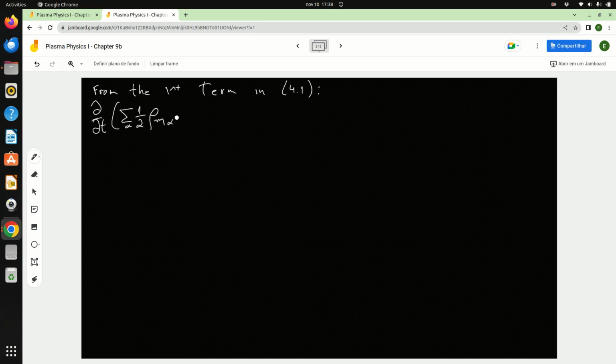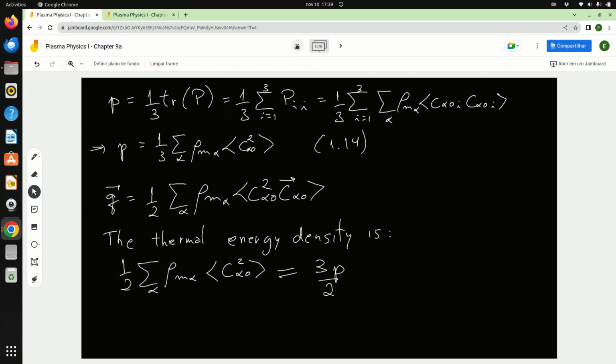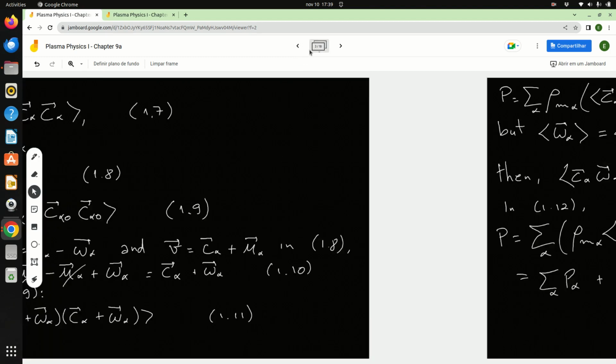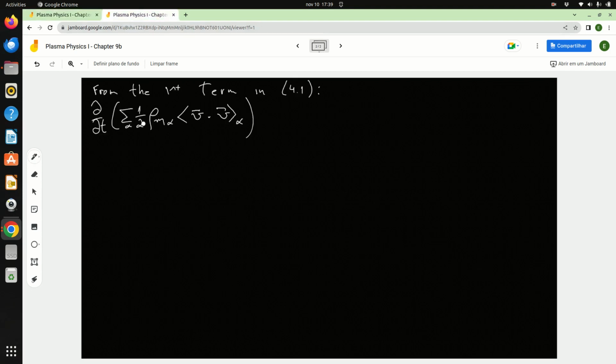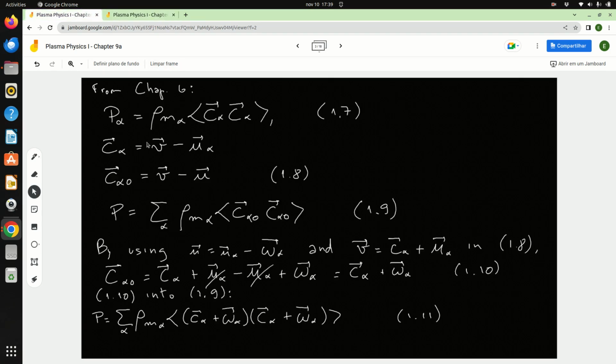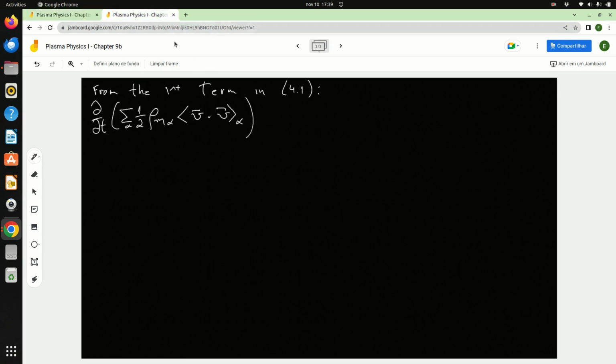I'm just repeating the term here, and if you use 1.8 for the definition of V, let's check it here. 1.8 is here. So let's use this expression for C alpha. So it's in terms of V, right? So V is C alpha plus U. So using 1.8, we can write it like this.